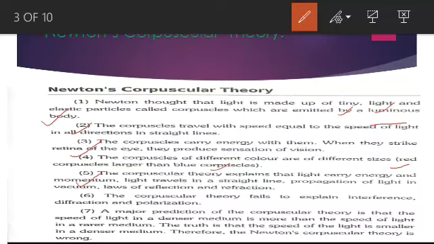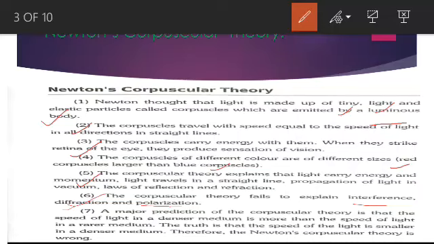Now we see that there are different types of properties shown by light, and some of them are explained by the corpuscular theory, but the rest of them, such as interference, diffraction and polarization, were not explained by this corpuscular theory.